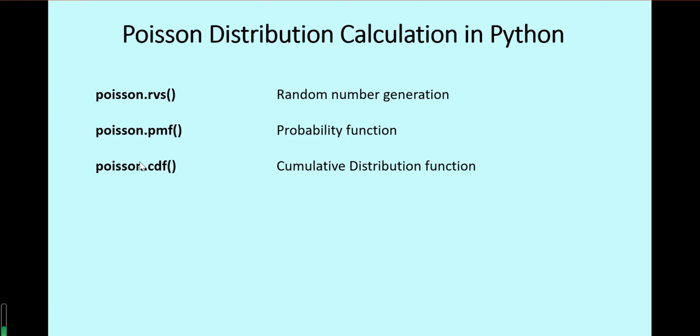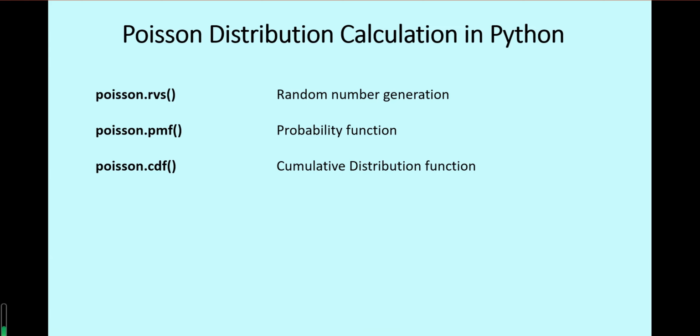This is used to calculate the cumulative probability up to this discrete number. For example, we want to know the total probability of occurring 0, 1, 2, 3, or 4 times during a specific time period.